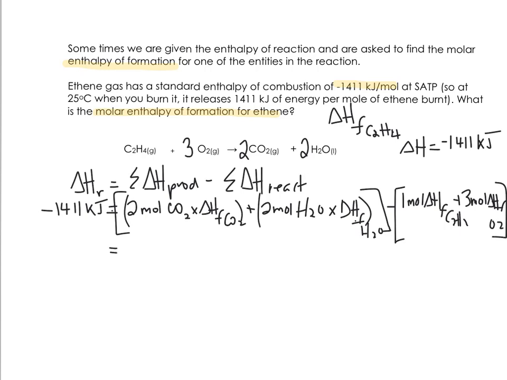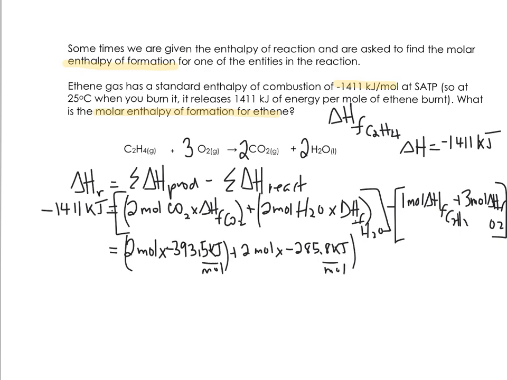All right, so 2 moles times negative 393.5 kilojoules per mole plus 2 moles times negative 285.8 kilojoules per mole minus 1 mole times the molar enthalpy of formation of C2H4 plus 3 moles times 0.